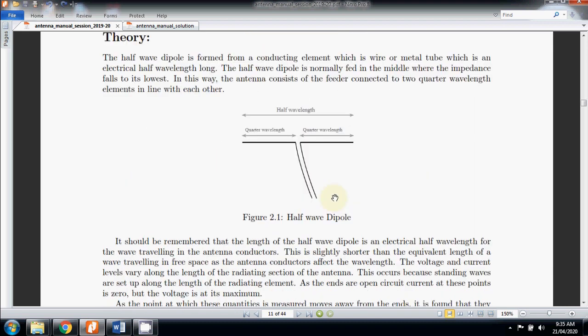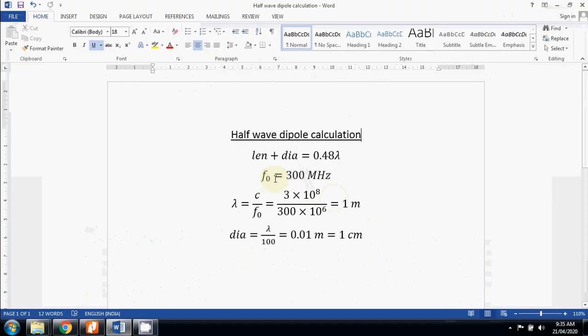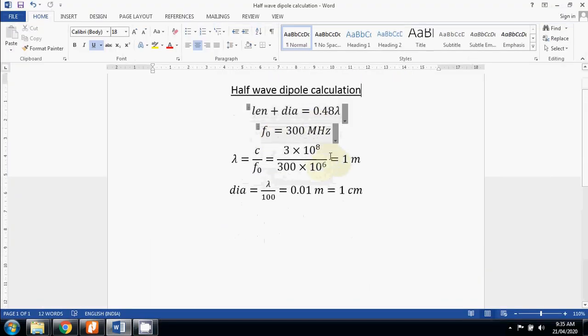So let's see what we mean by half wavelength. This is a calculation. One might say that since the name is half-wave dipole, it should be lambda by 2, where lambda is the wavelength. But the proper way to design a half-wave dipole is by using the first formula that you see. This formula says that the length of the dipole plus the diameter of the dipole should be equal to 0.48 lambda.